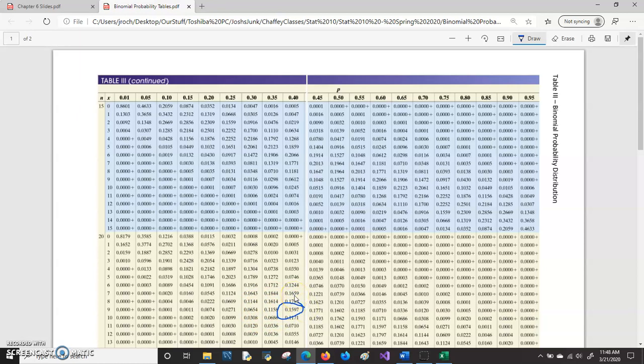There we go. Okay, so that's it, 0.1597. That's where the 20, the 9, and the 0.40, they line up. So if you're comfortable using a table, you can just look up that value. All right, in the next video, we'll go over the rest of this example.